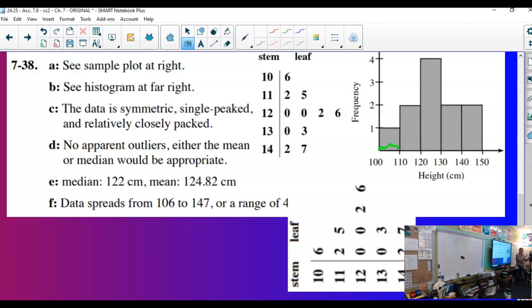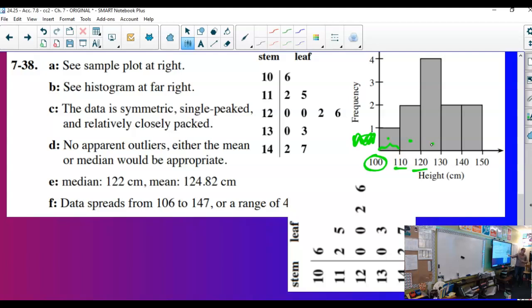But here's the tricky part. You have to decide, if you had 100 as one of your data points, 100 can't go over here because you didn't leave a space over there. So 100 goes here, which means 110 would go in this bin, and 120 would go in this bin. You have to make sure that your checkpoint numbers, 100, 110, 120, drop into the bin on the right.